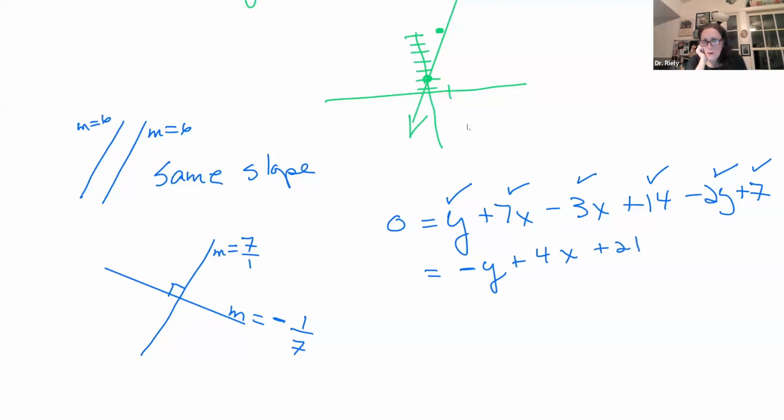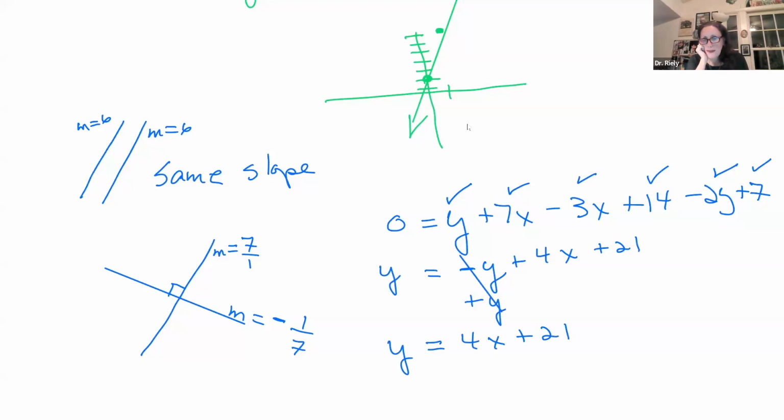If I want this to be an equation of a line, I want it to be y equals. At this point, to move it over the equal sign, you have to do the opposite operation. I haven't done that so far because they were all on the same side of the equal sign. When I do that step, they cancel, and then I have to do the same thing on the other side. My end result is that I get this equation.